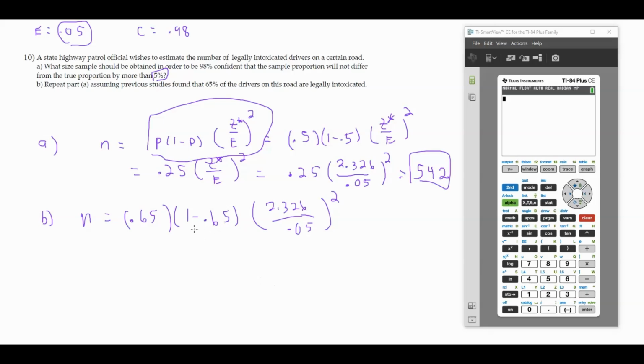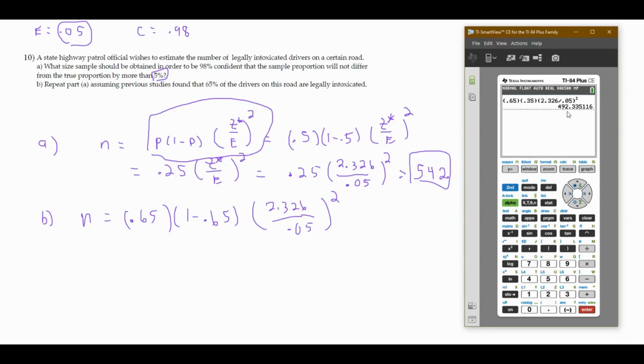So 1 minus 0.65 is 0.35. In the calculator, I'm going to type 0.65 times 0.35. You could type 1 minus 0.65, but since that's easy to figure out, I did that to save some keystrokes. Then 2.326 divided by 0.05, squared. Putting this into the calculator, I get 492.335.